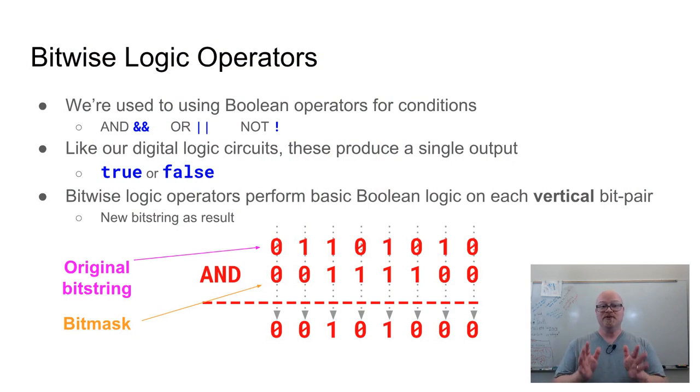So we're used to using Boolean operations in code already, and we do it within conditions most commonly, say in if statements, while conditions, do while conditions, that kind of thing. And so the most common of these that we use are the and and or, but occasionally we put in a not operator.